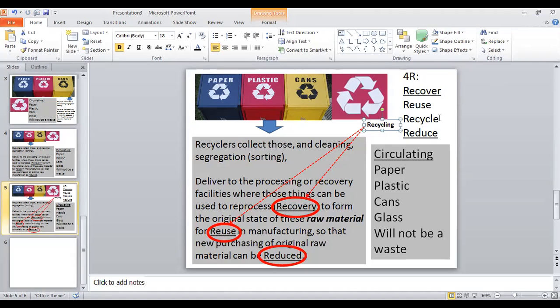So recover, recycle, and reduce. So reduce, reuse, recycle, 3 R's. Reduce, reuse, recycle. Okay, so I will take this. Reduce, reuse, recycle, as 3R.